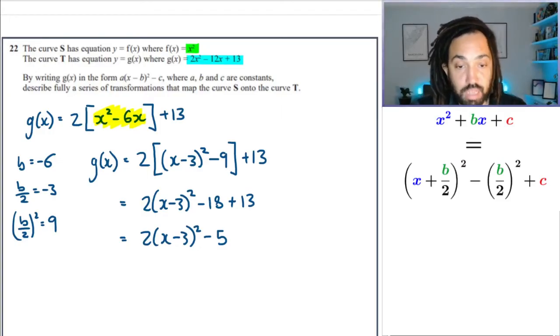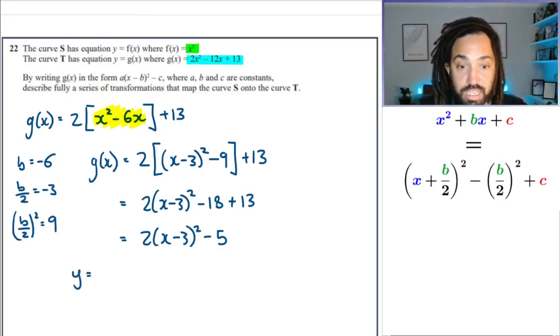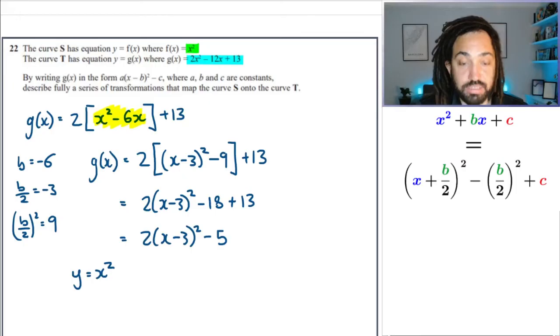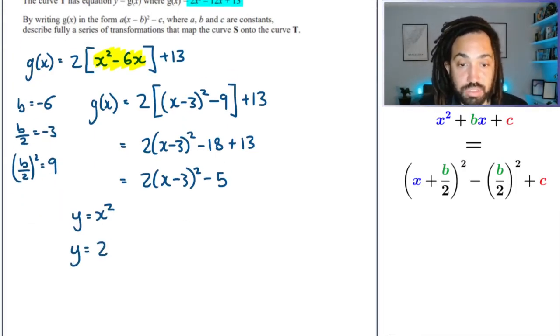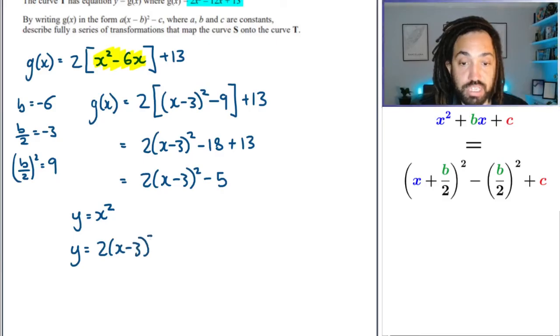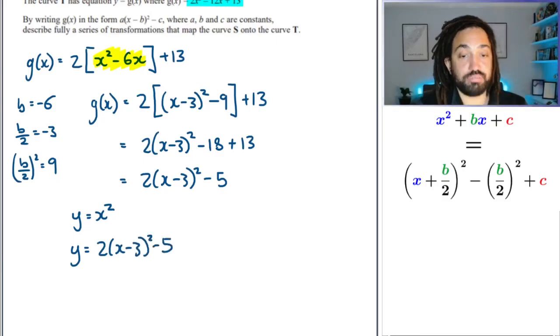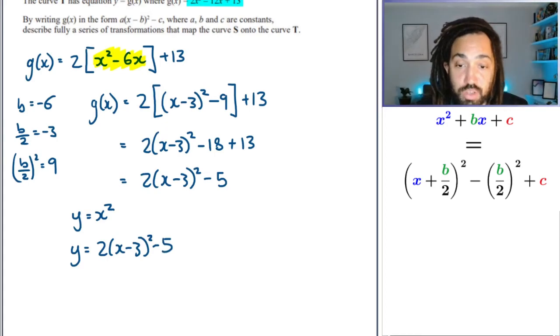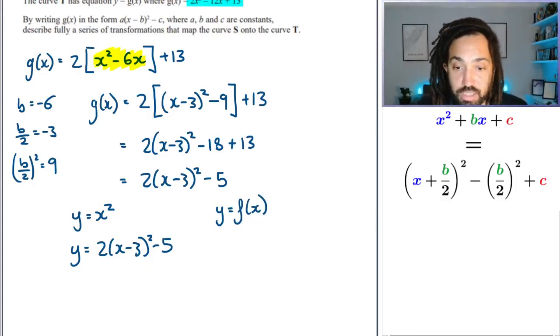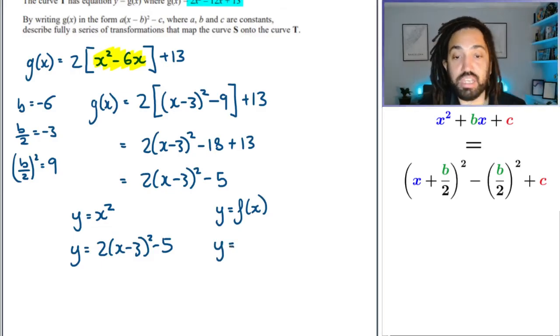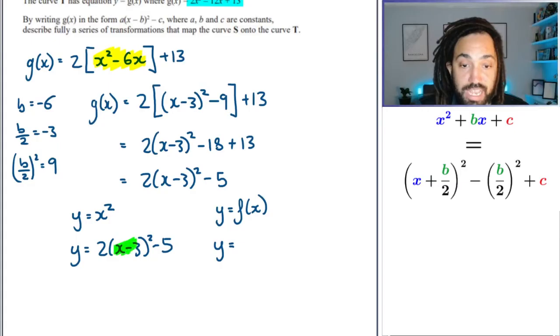So we have y is equal to x squared, and then it changes into y is equal to 2 times x minus 3 squared, minus 5. So most people are kind of familiar with the graph transformations when they're written in terms of f of x, like this.